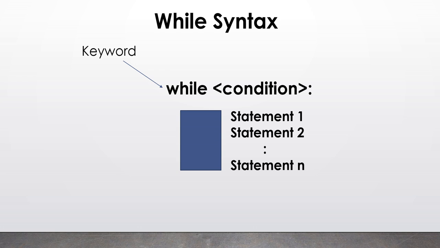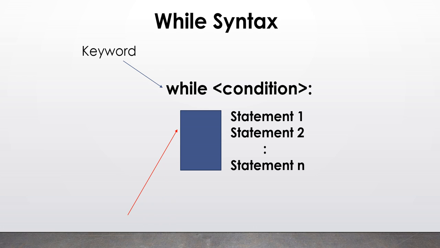Then there is indentation. This is very important because there is a colon, as you can observe, after the condition. So there is the indentation before you write the code for the while loop. Before the colon we have the condition that we want to set up for running that particular code.